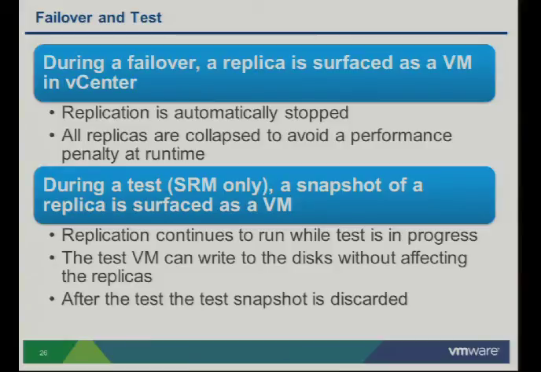You can write to it, you can modify it, you can reboot it, everything works fine. However, at the same time, the replica files live their own separate life, which means that the replication continues on, it doesn't stop, but the VR appliance on the recovery side actually knows which particular replica was used to create a test VM. And it always keeps it, it never collapses it, so that the VM never loses its base.